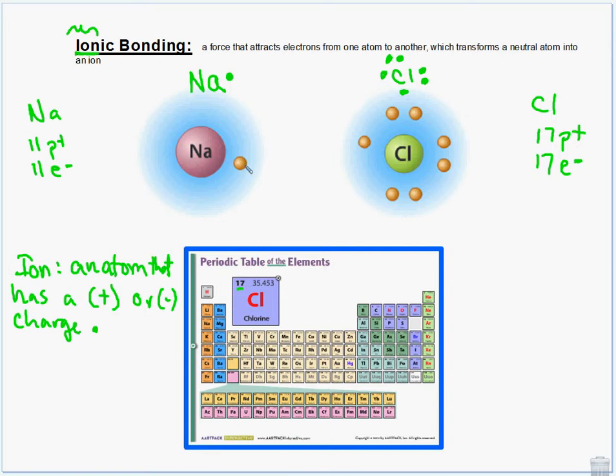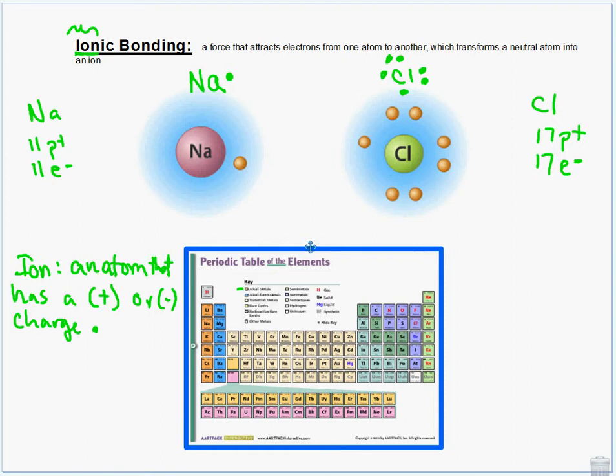But this shows us the outermost energy level, or the valence shell, and we know because sodium is in group 1 here, it has 1 valence electron, and that's what that is showing. Chlorine over here in group 7 has 7 valence electrons, and that's what this is showing over there.